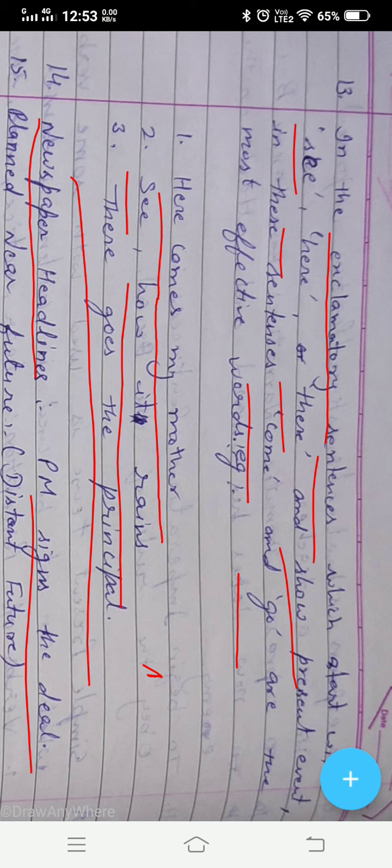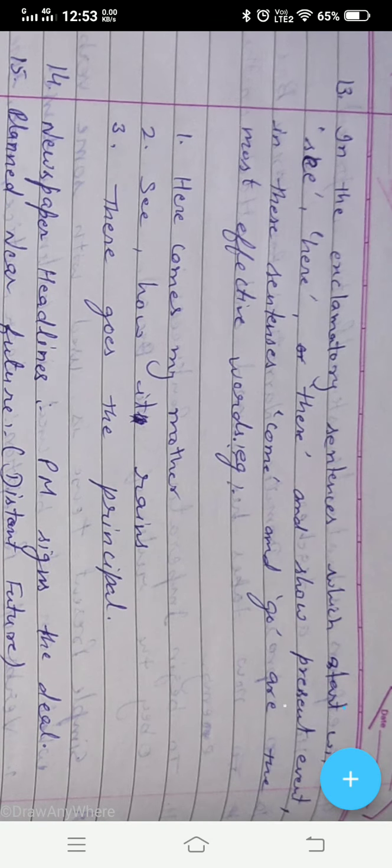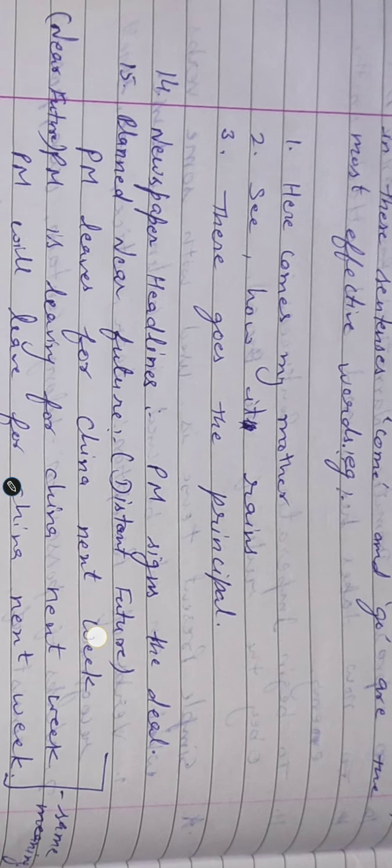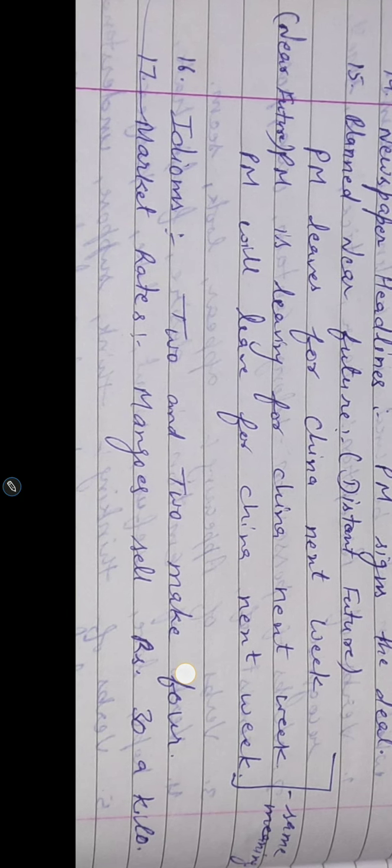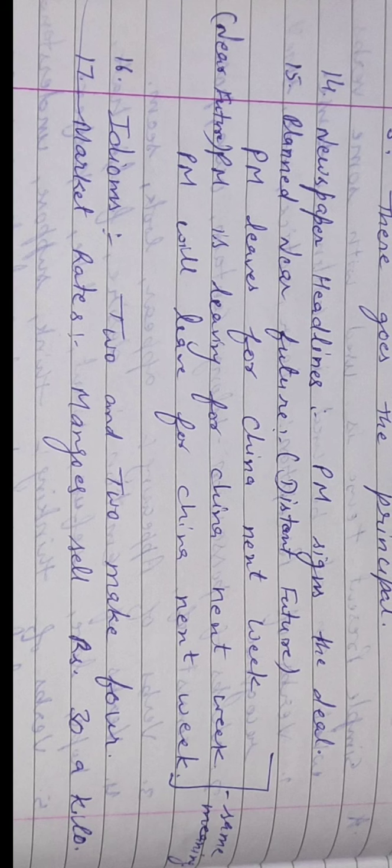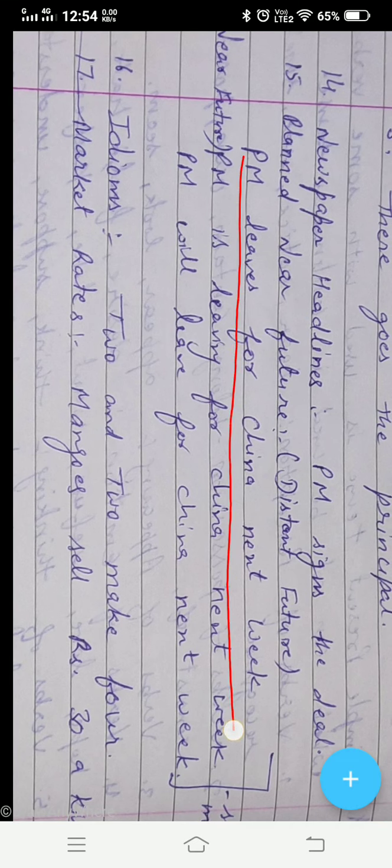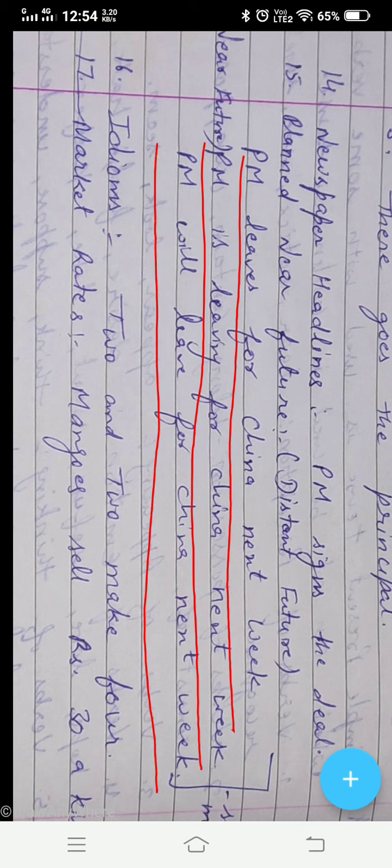Near future means there are two types of future, near future and distant future. नियर फ्यूचर इट मीन्स बहुत जल्दी होने वाला है, एंड डिस्टेंट फ्यूचर थोड़ा सा देर बाद होने वाला है. सो PM leaves for China next week, PM is leaving for China next week, PM will leave for China next week. तीनों ही सही सेंटेंसेस हैं, ग्रामेटिकली कोई भी मिस्टेक नहीं है, बट नियर फ्यूचर is leaving shows near future. Clear?